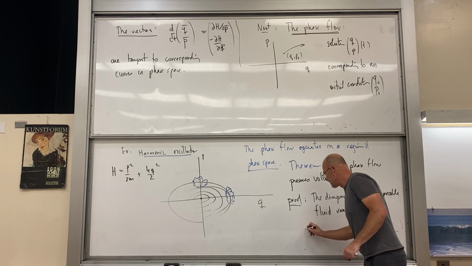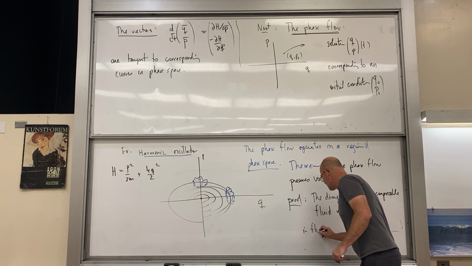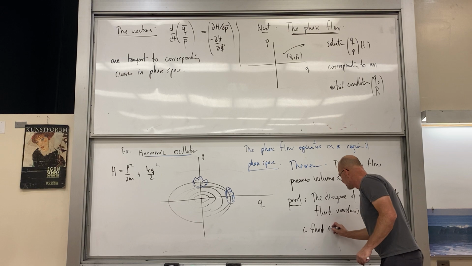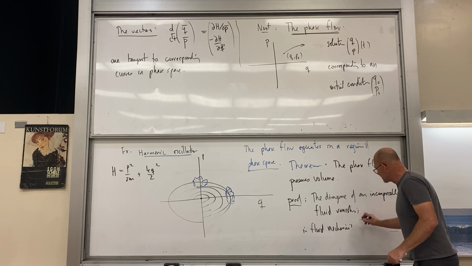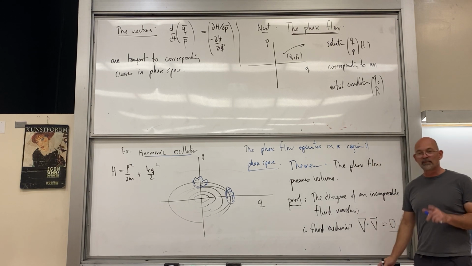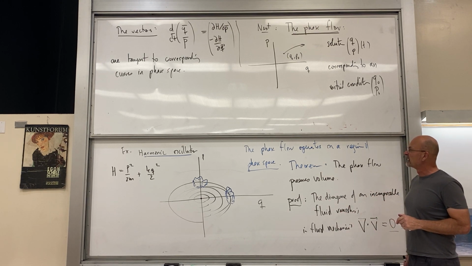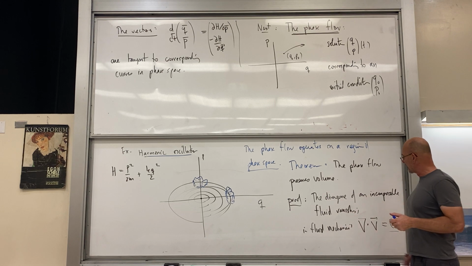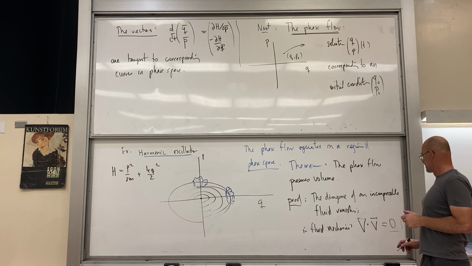So in fluid mechanics, this is kind of parenthetical, we would say the divergence of the velocity field equals 0, which we'll definitely get to prove this semester. I only need an hour to do that, or first hour.